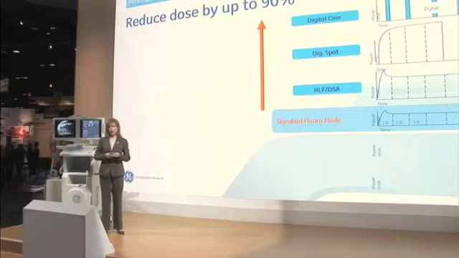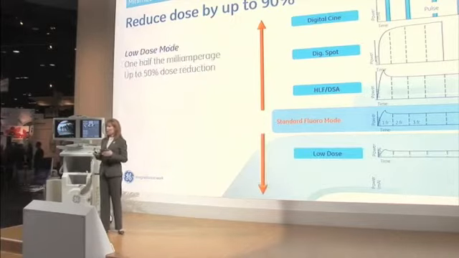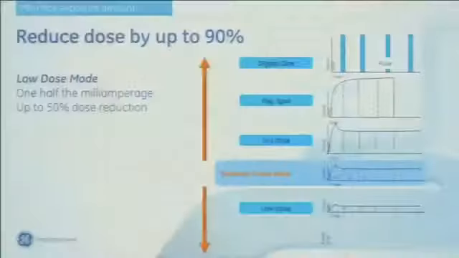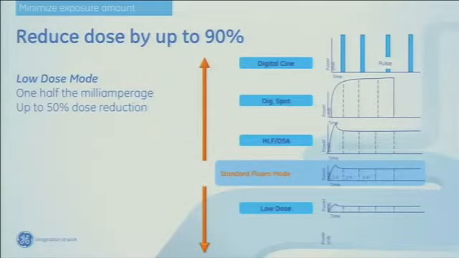One of the easier ways to reduce dose in the OR is using the OEC 9900 Elite in our low dose and pulsed fluoro modes. With up to 1/2 the milliamperage in low dose, the operator can reduce up to 50% exposure.